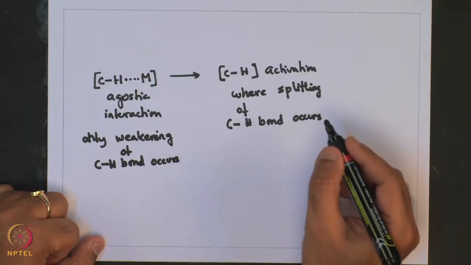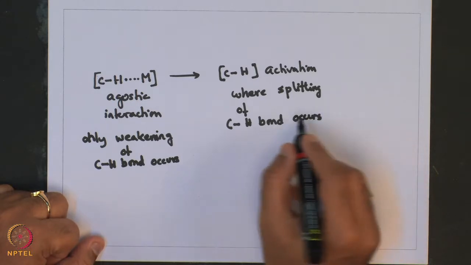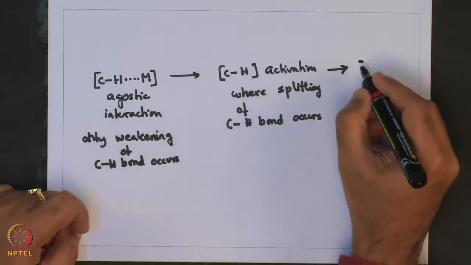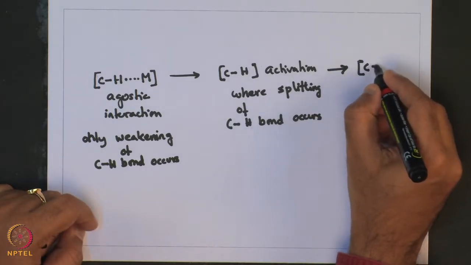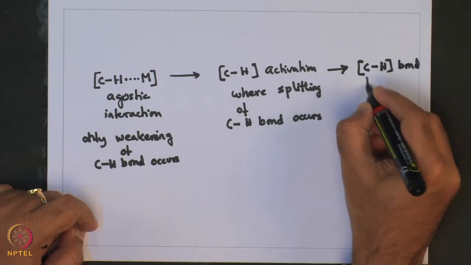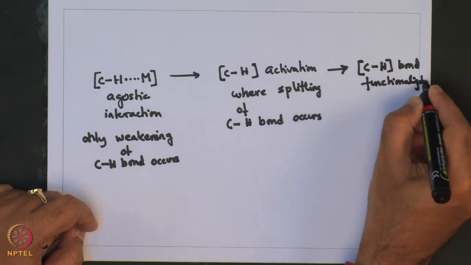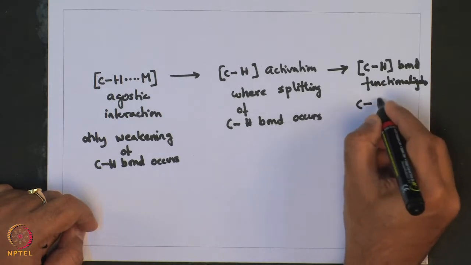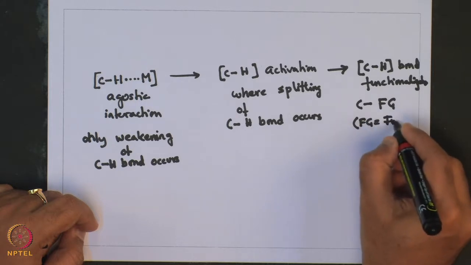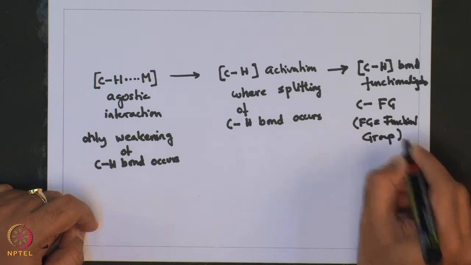Finally, proper chemical manipulation at the stage of CH bond activation will lead to CH bond functionalization, where C-FG, with FG equals functional group, bond is formed.